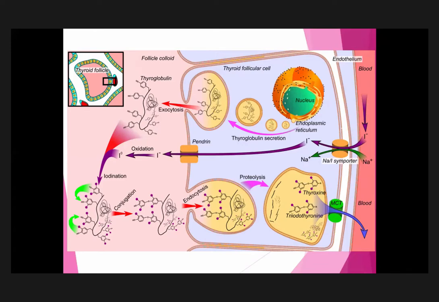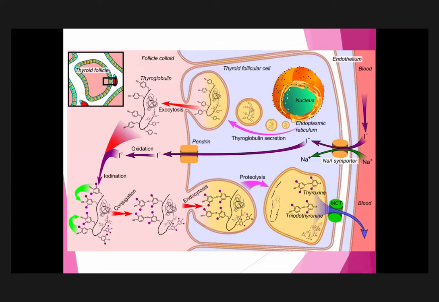When TSH stimulates its receptor on the follicular cell in the thyroid gland, the follicular cells produce thyroglobulin. Thyroglobulin is a protein, the basis of thyroid hormone. Then thyroglobulin, by exocytosis, is transported into the middle of the follicles, to the colloid.